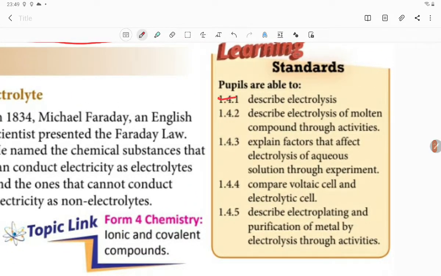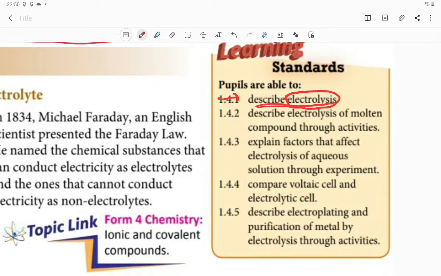So the first one, you can describe electrolysis. The word electrolysis is not alien to you, because during lower form you were introduced to the term electrolysis and what electrolysis is all about.